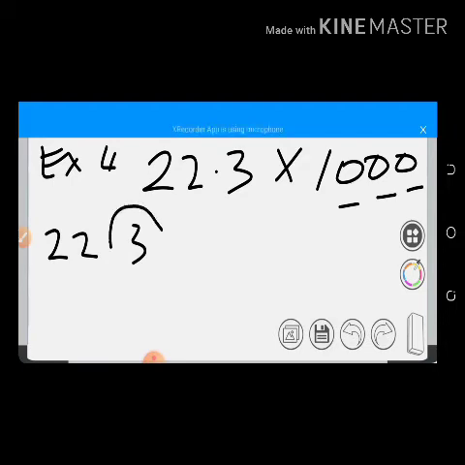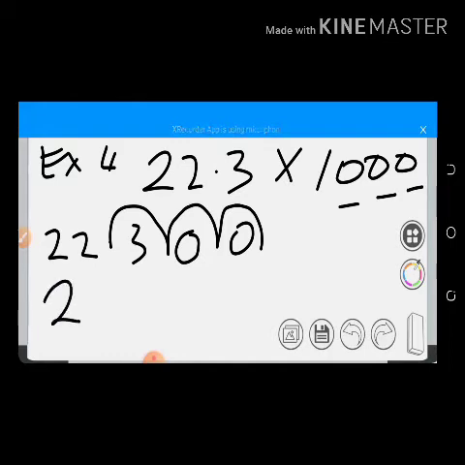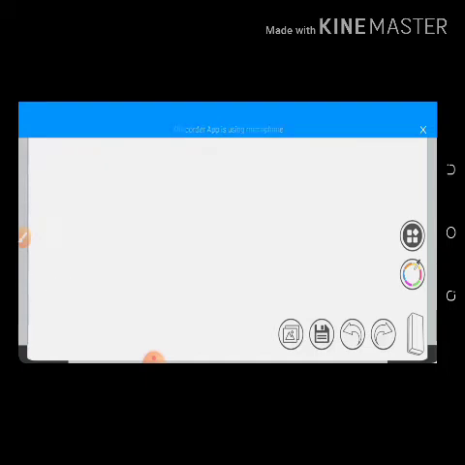We are moving the decimal 3 times. 1, 2, 3. So we will move it as if there was a number there, but where there's supposed to be a number, we'll just put 0 and 0. I hope you understand. Our final answer will be 22300.